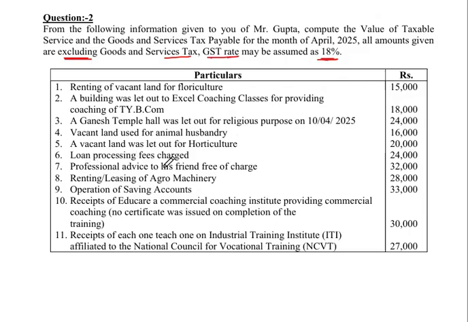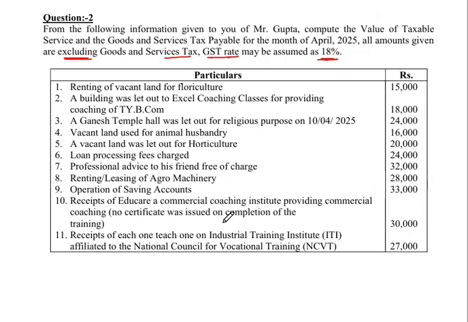Loan processing fees charged, 24,000. Professional advice to his friends free of charge, 32,000. Eighth one, renting or leasing of agro machinery, 28,000. Ninth one, operation of saving accounts, 33,000. Receipts of Educare Commercial Coaching Institute providing commercial coaching.